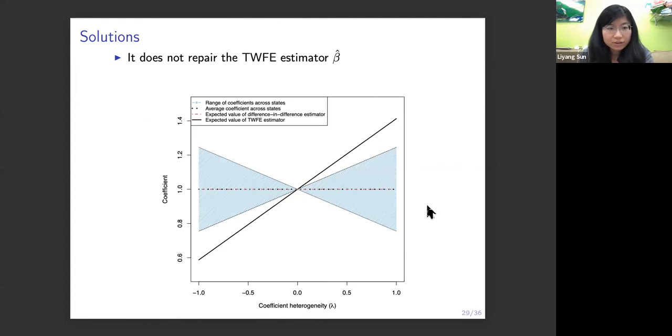It's important to note, however, that the presence of a totally unaffected state does not repair the problems we highlighted earlier with the two-way fixed effects estimator beta hat.